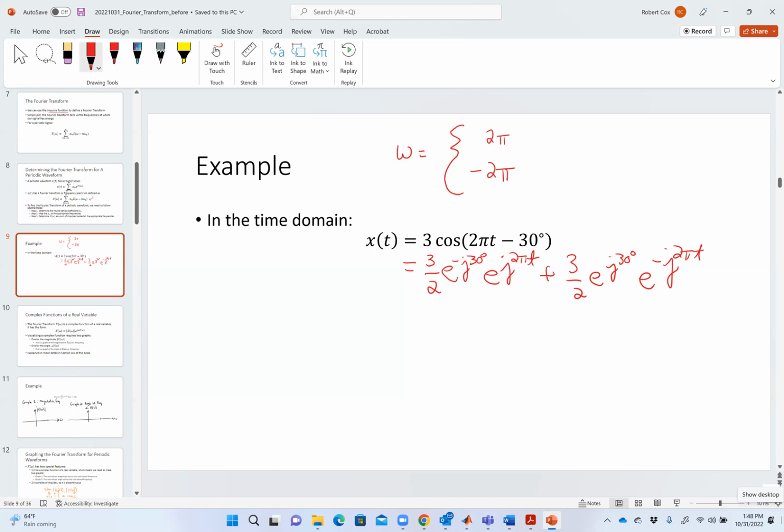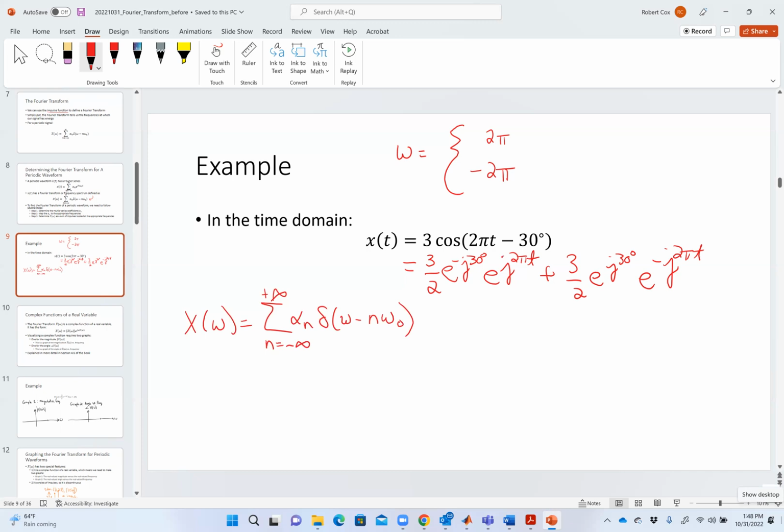So here's how I'm going to do this. We had said that this x of omega was expressed like this: alpha n times delta of omega minus n omega naught. Okay. So how could I place something? I want an impulse that would be located at 2 pi. How would I get an impulse located at 2 pi? At omega equal to 2 pi, how would I express that?